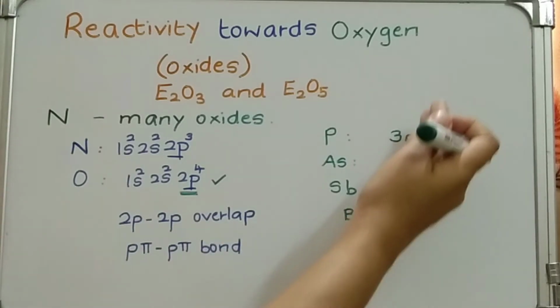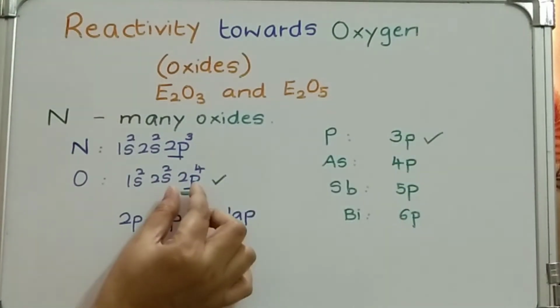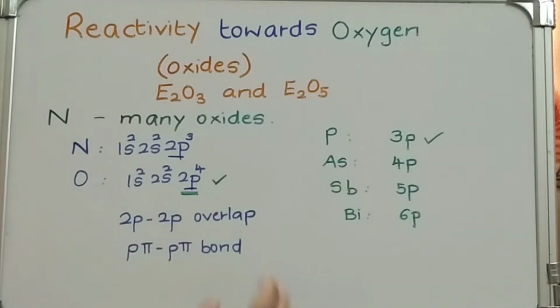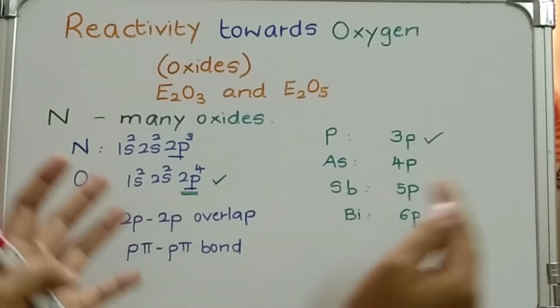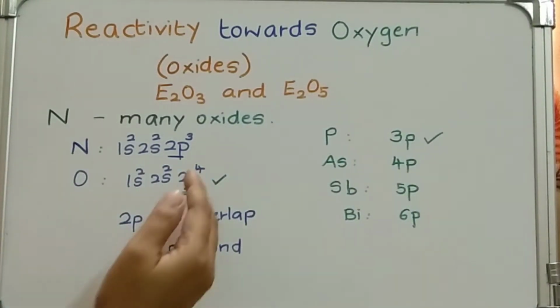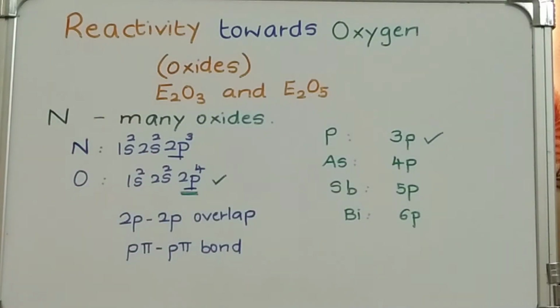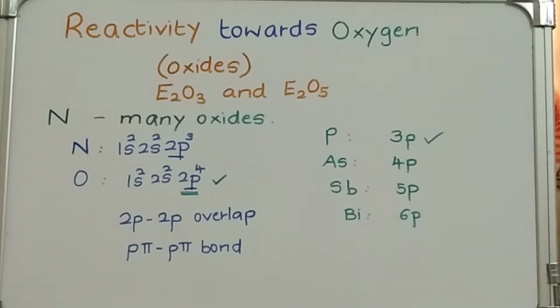Now as we go down the group, it is 4p, 5p, 6p. The difference in energy between 2p and 3p is little. 2p and 4p, little more difference. 2p and 5p, little more difference. The difference in energies goes on increasing. If I say 2p and 6p, the energy difference is very high.